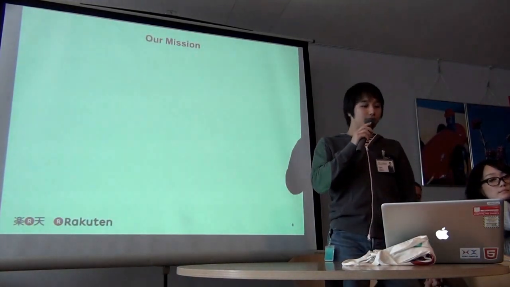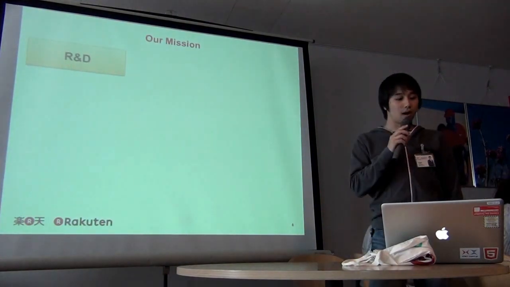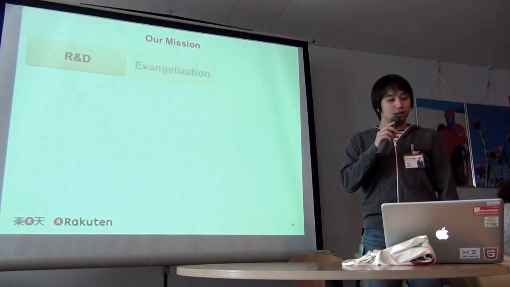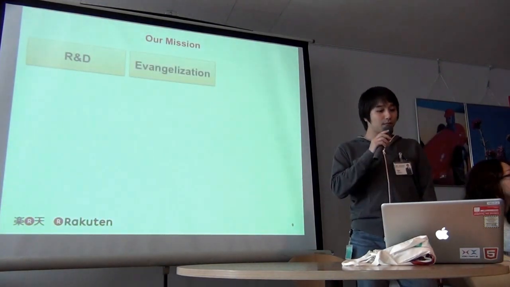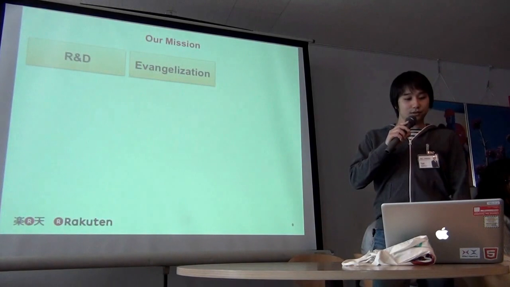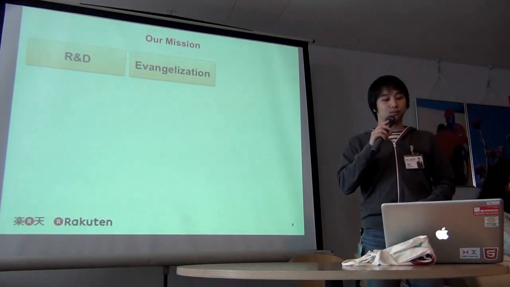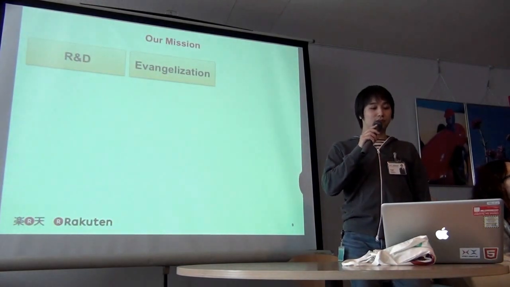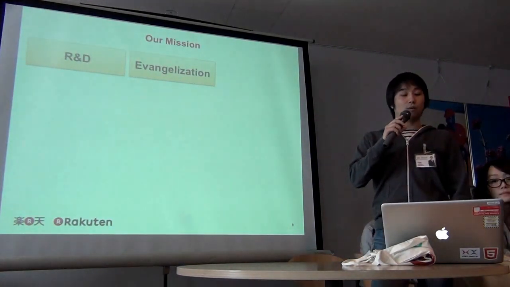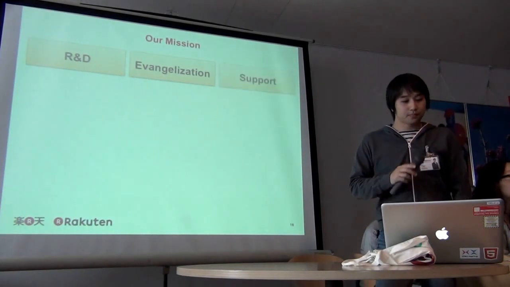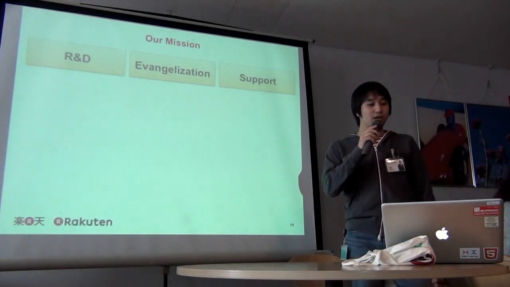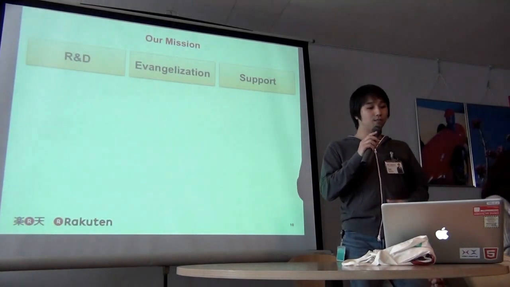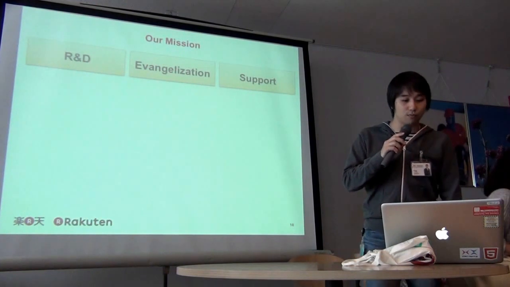Our missions are R&D: research latest technologies and develop prototypes; evangelization: publish the implementation guide, propose our ideas for improvement to business units, and make presentations at meetings to share our knowledge; and support: we help business units to develop websites, and we provide technical advice on HTML5 features.